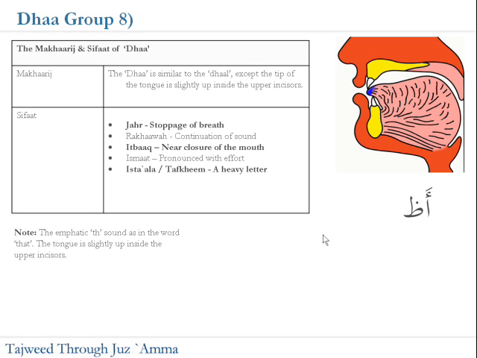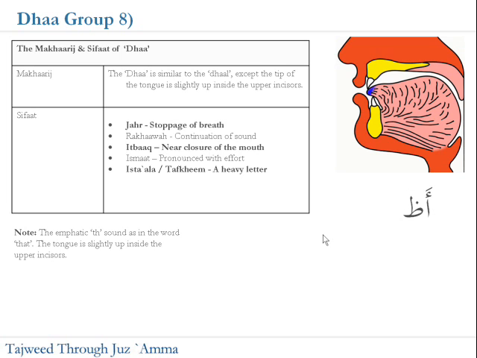Now this is actually very difficult to get correct when you first start, and essentially the tongue is, and this diagram is slightly not clear, the tip of the tongue is, although it shows it here between the teeth, you have to get the tip of the tongue onto the inside of the upper teeth. If you put pressure, it looks like the tongue's coming through, but it's not really coming through.